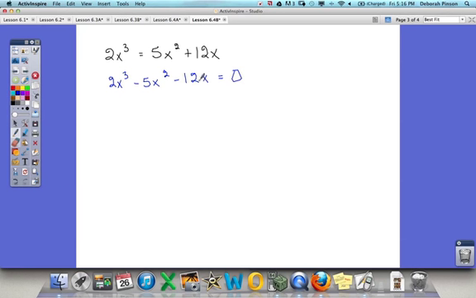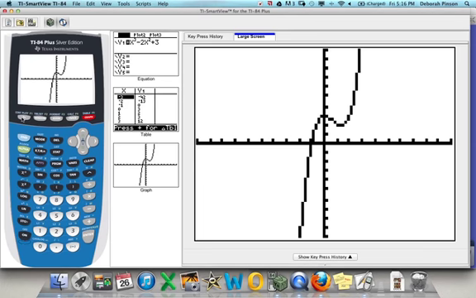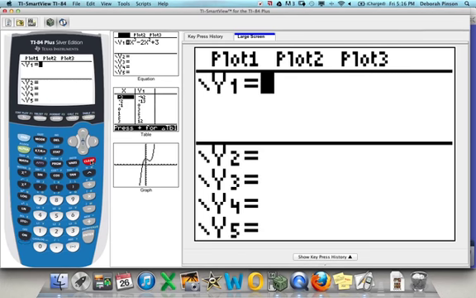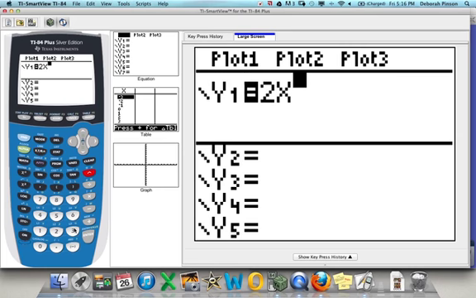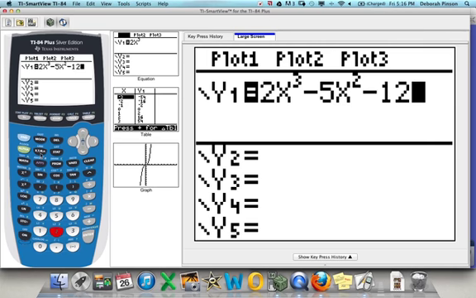Okay, now looking at this, since we are doing this one with calculator, I'm going to graph it on my calculator. So I have 2x to the third minus 5x squared minus 12x.